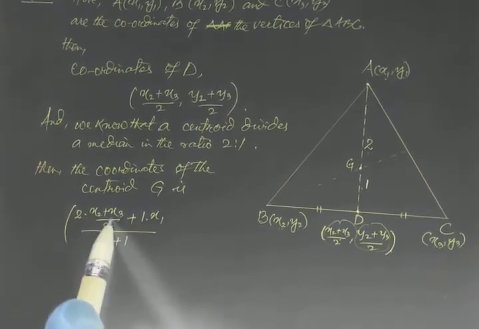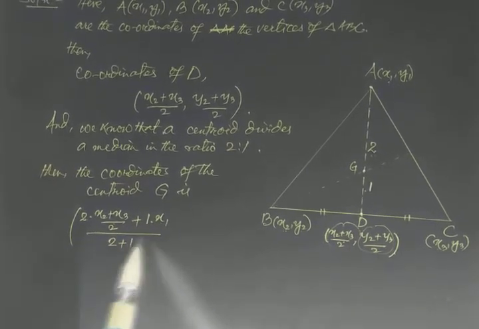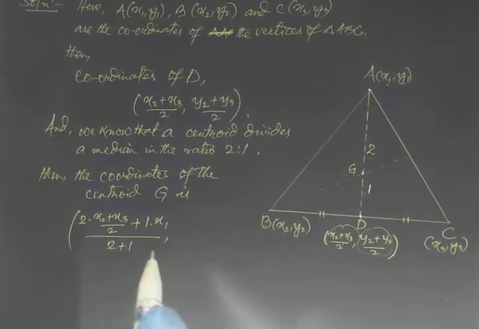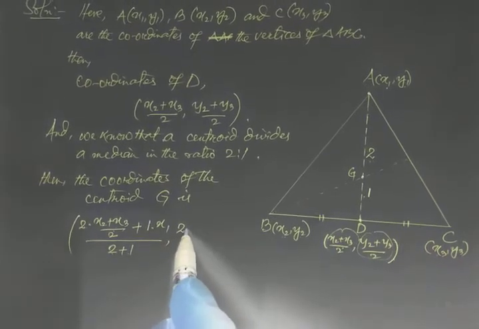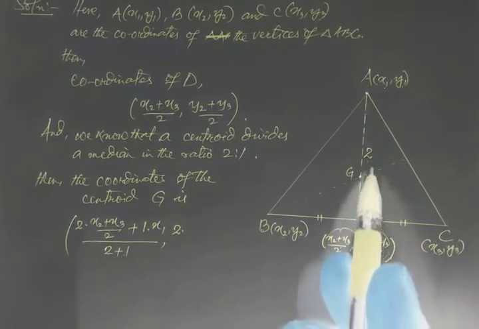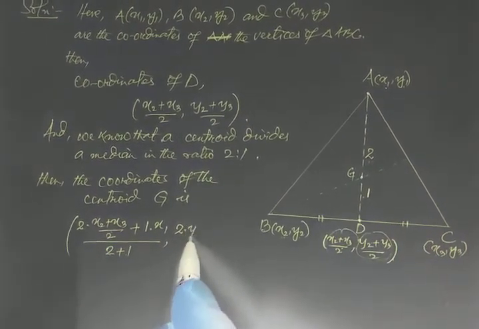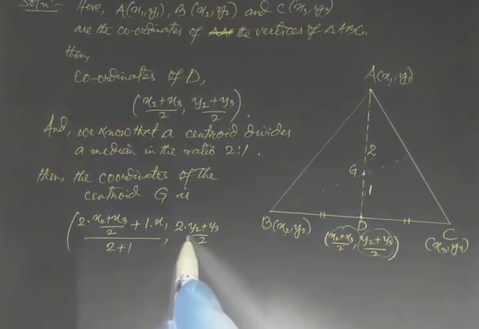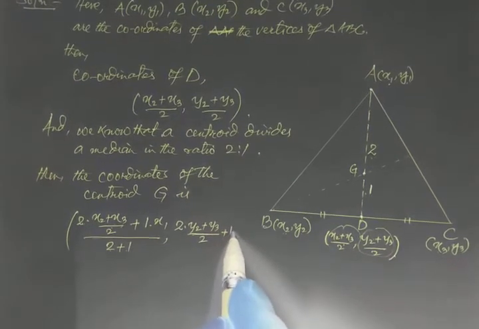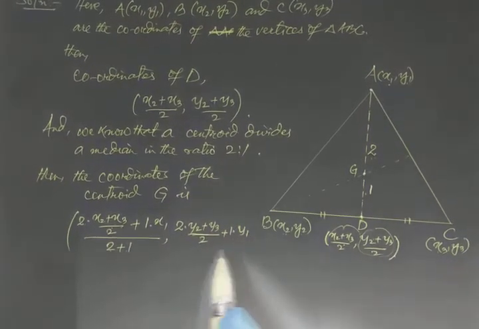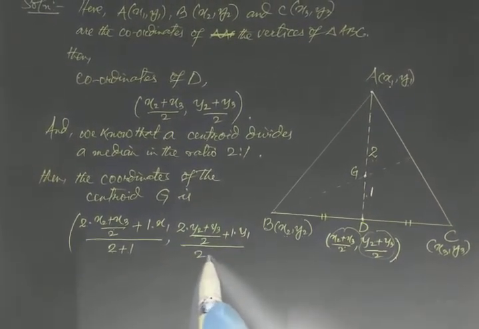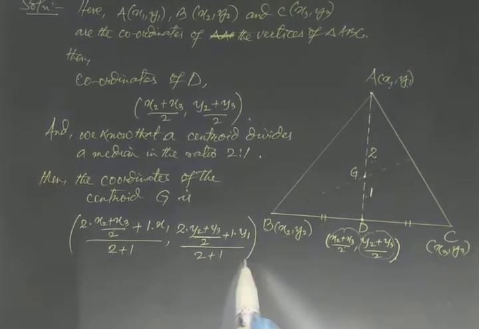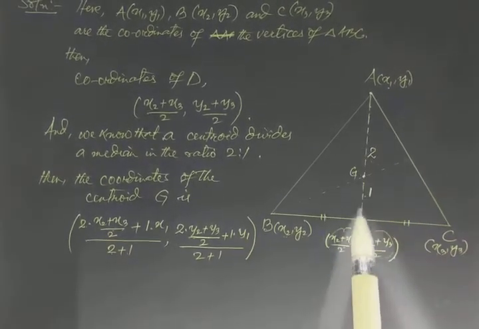Now for y, m times (y2 plus y3) divided by 2, plus n times y1, divided by m plus n. Remember, we are considering this line only.